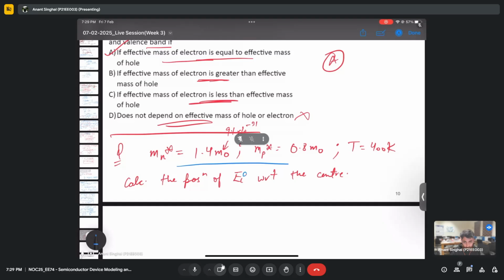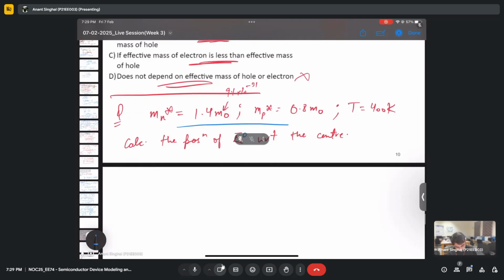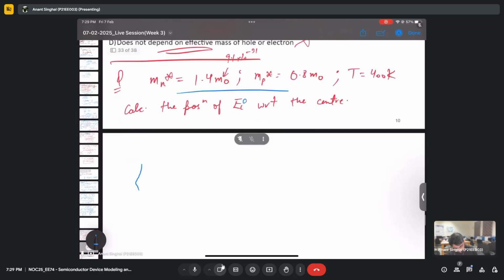So how much below is the question. Yes, that is correct, it will be below. So EI minus E mid is equal to 3kT divided by 4 times ln of Mp by Mn. You need to apply the values.